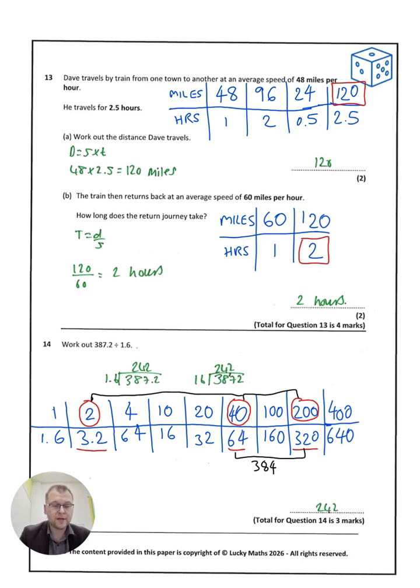Then I'd be thinking to myself, right, 320, if I add 64 to that, because that's the 40 lots, suddenly we're at 384, very close to our target, and that just leaves a further 3.2 to take. So looking at the numbers circled on the top, 200 lots, the 40 lots, and the 2 lots is why that is 242 lots of 1.6.